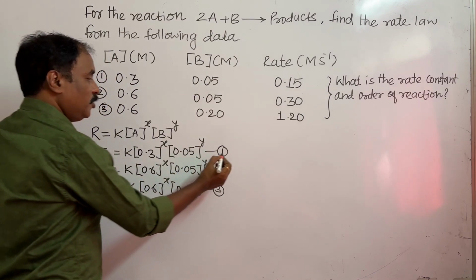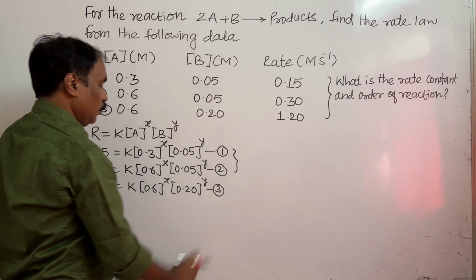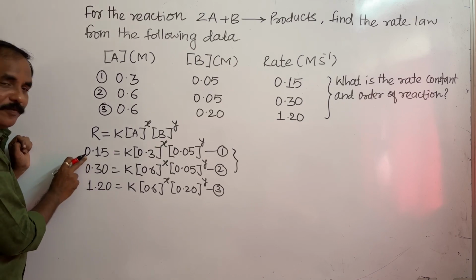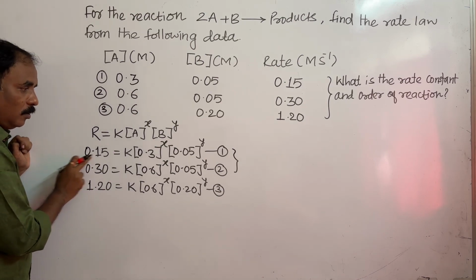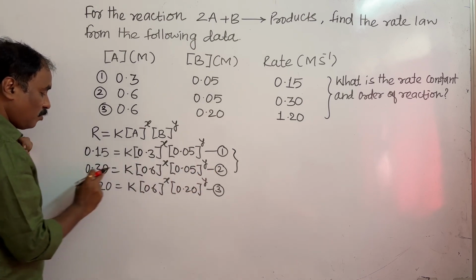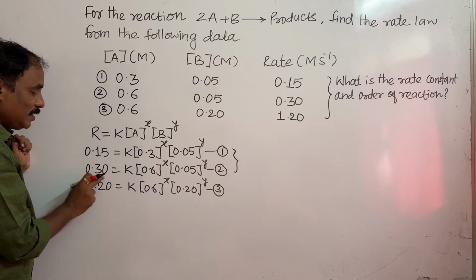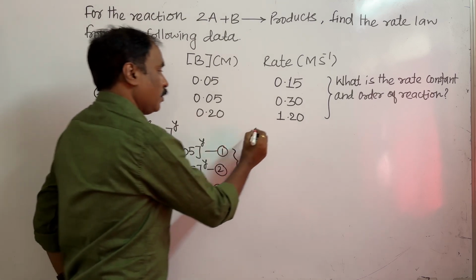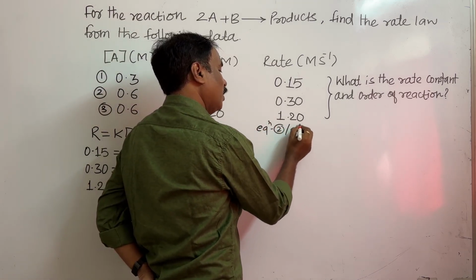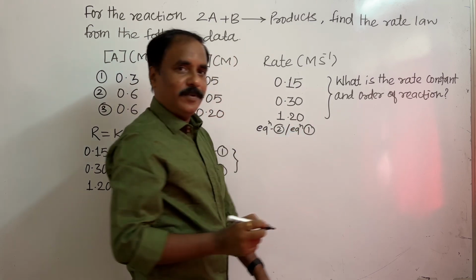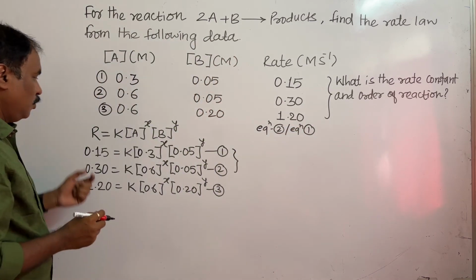Now consider equation number 1 and 2. In equation number 1, the rate of reaction is 0.15 molar per second. In equation number 2, the rate of reaction is 0.30. So we divide equation 2 by equation number 1.